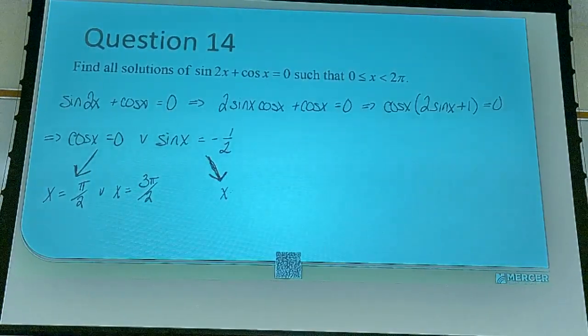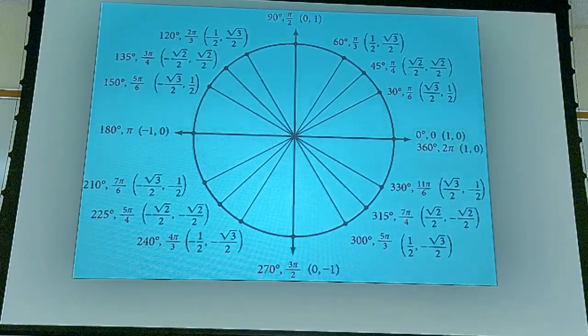Now let's look at where sine of x is negative a half. 11 pi over 6. Where else? 7 pi over 6.